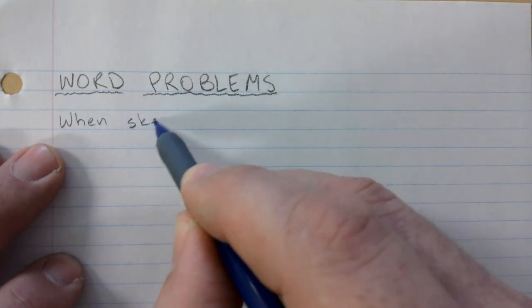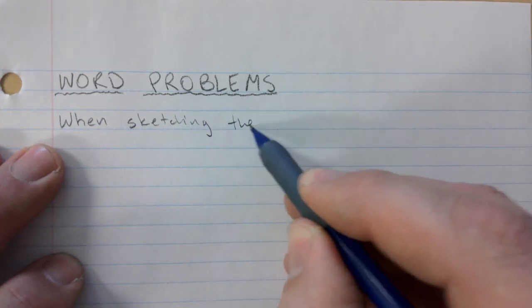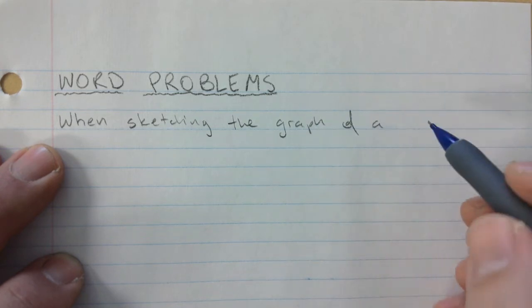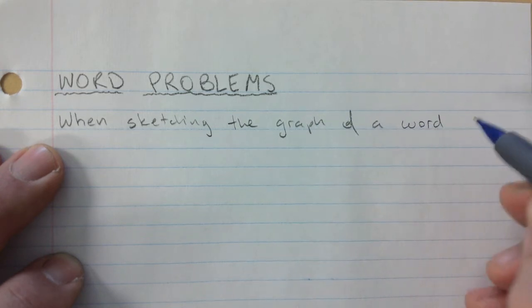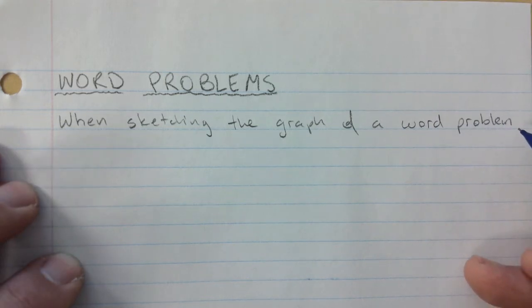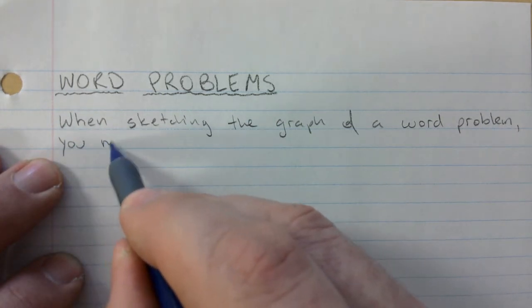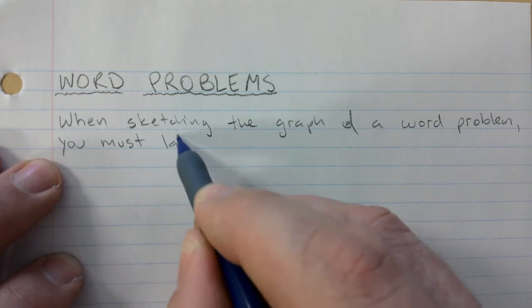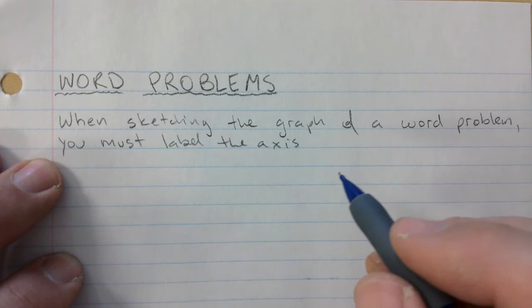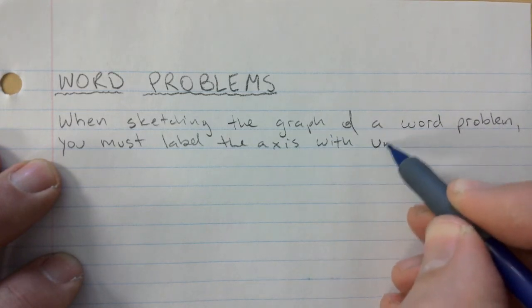Okay, when sketching the graph of a word problem, you must label the axes with units.